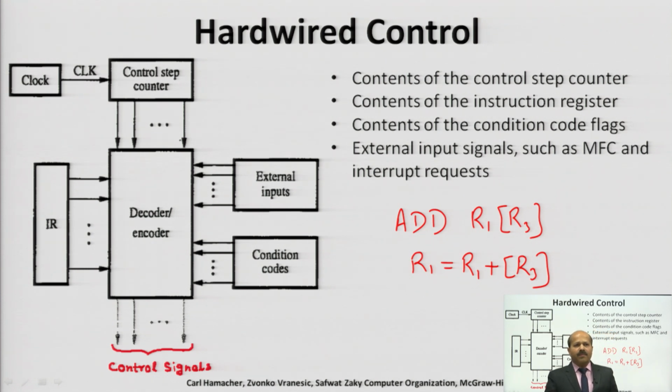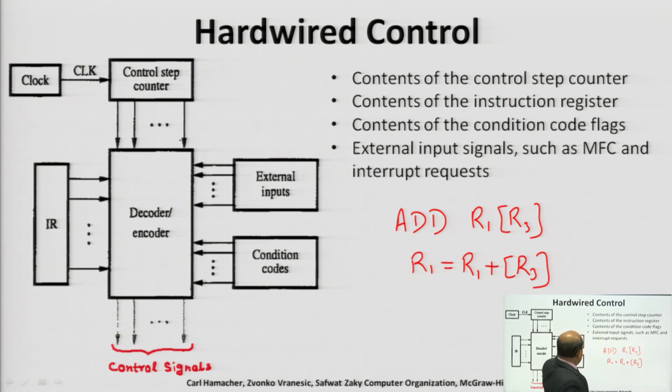The contents of the control step counter are one of the inputs required for the decoder. It counts how many steps are to be issued by the system to execute any given instruction. So, the control step counter will keep a record of the different steps to execute this particular instruction.